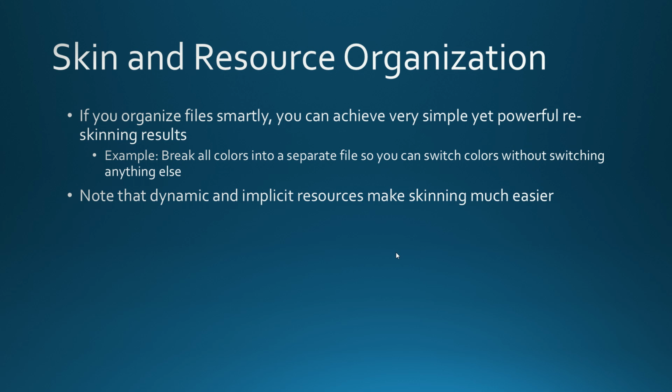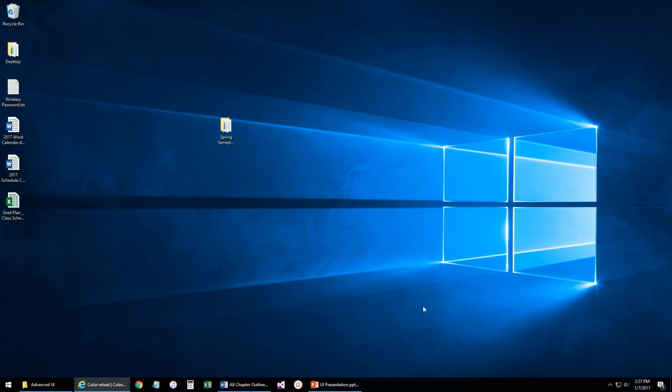So make sure you organize things. Just like your code will get unmanageable really fast, all of these resources and styles get unmanageable really fast unless from the beginning you organize them appropriately. Hopefully these different tips and tricks give you some ideas on how to create a better looking and more professional user interface.